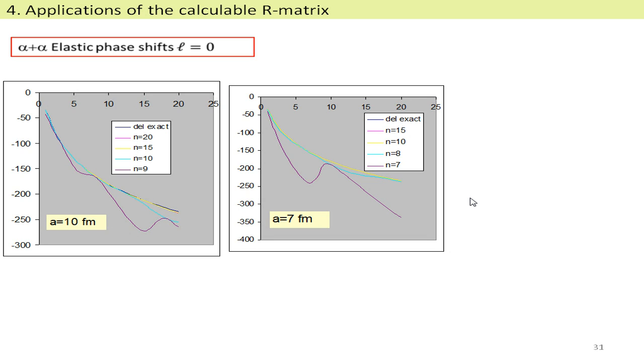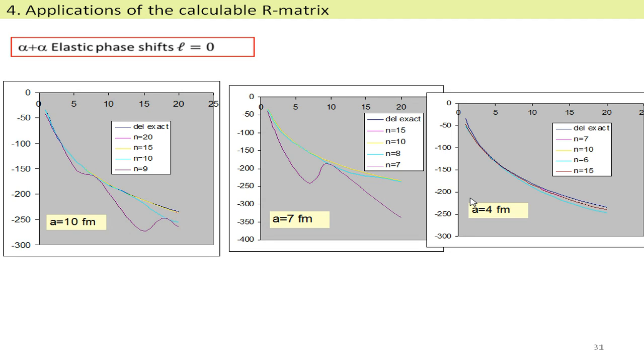So when you reduce the channel radius, you can also decrease the number of basis functions. And this is nice because you can reduce the computer times. So you may say, let's still reduce the channel radius. And this is what we get with 4 Fermis.